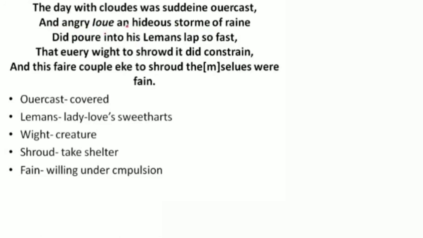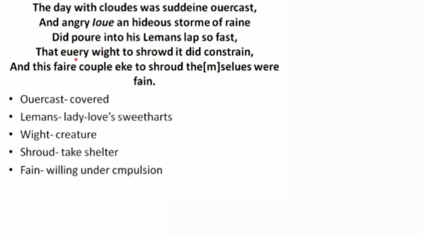So the angry god sent a horrible storm, did pour into his lemon's lap so fast that every wight to shroud it did constrain, and this fair couple eke to shroud themselves were fain. Lemons is the lady, the love's sweetheart.